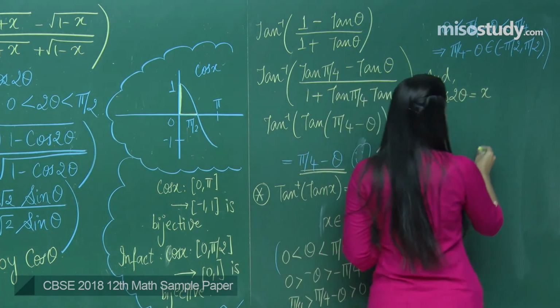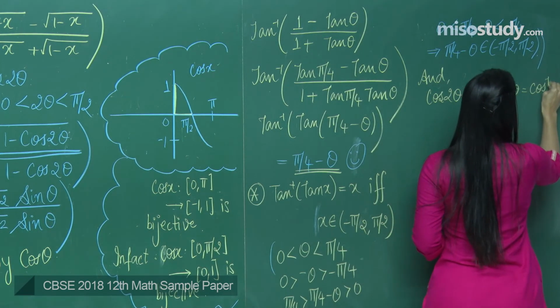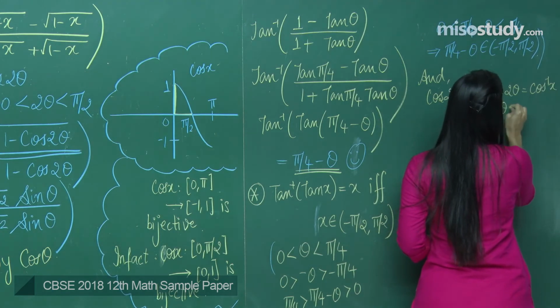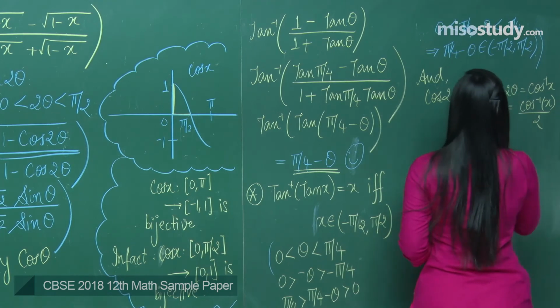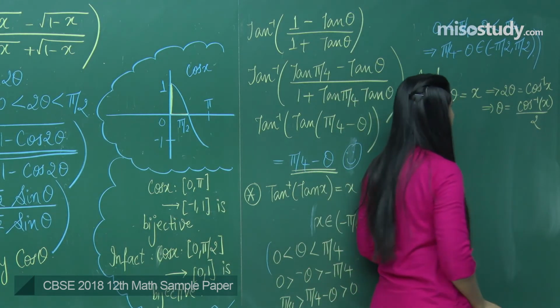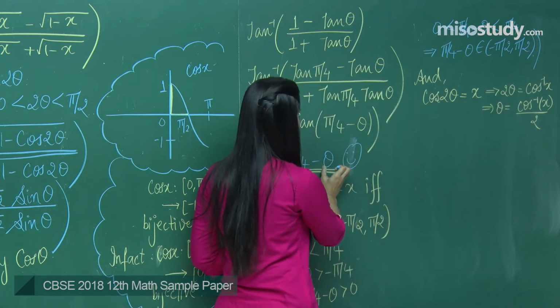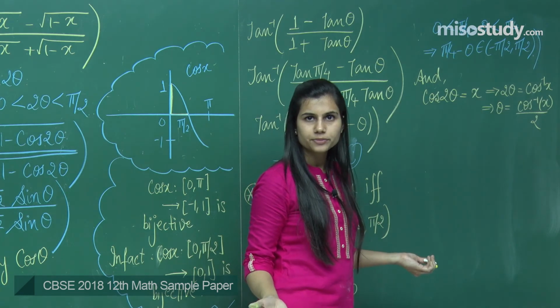So, can I write this as 2 theta equals cos inverse x, which implies theta is equal to cos inverse x by 2? Can I write this? Because if I am able to write theta like this, and if I replace this in the place of theta, I get the exact right hand side which I want.